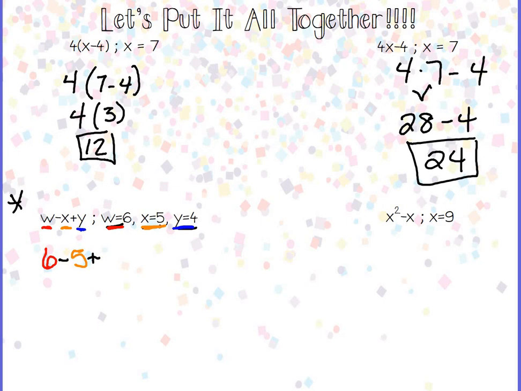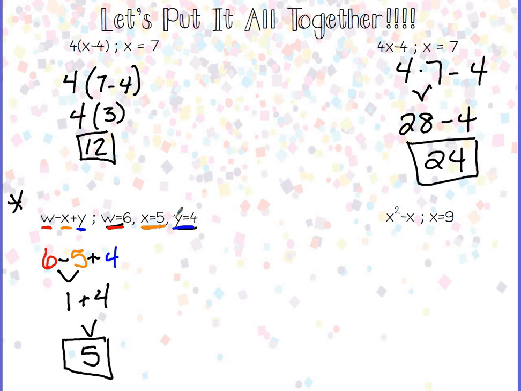And then I have y, and my y in this case is equal to 4, so I substitute in the 4, and now I'm going to follow my order of operations. Now remember, addition does not happen first. Addition and subtraction are in the same step, so I subtract first and I get 1, and then I add my 4 to give me 5.